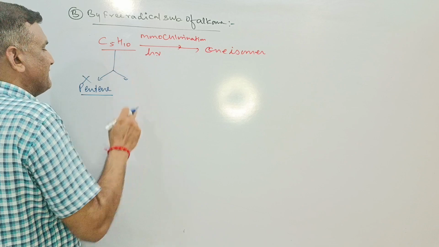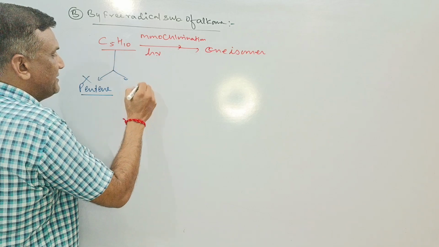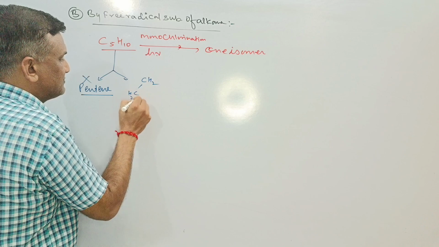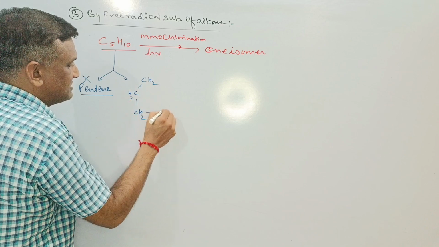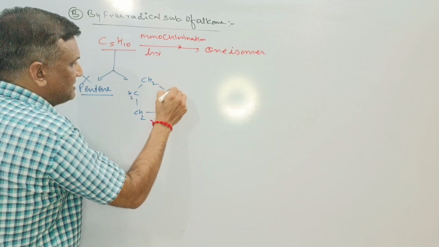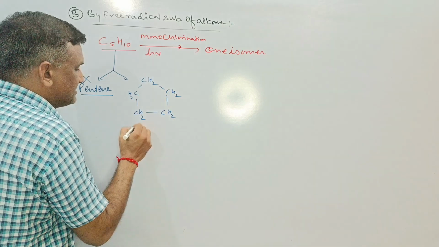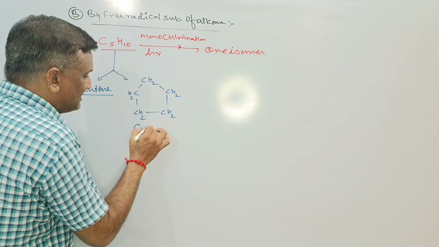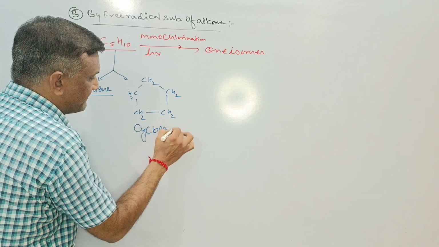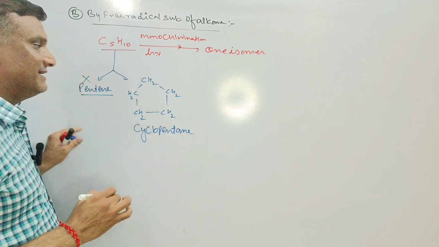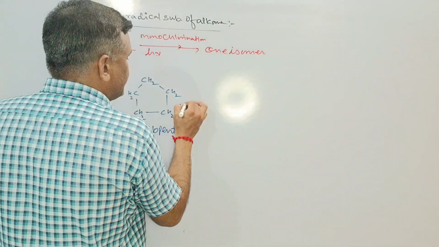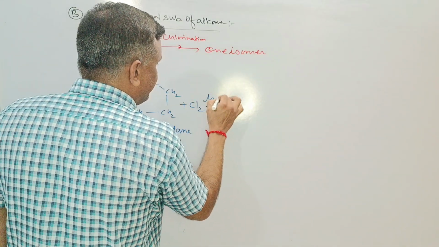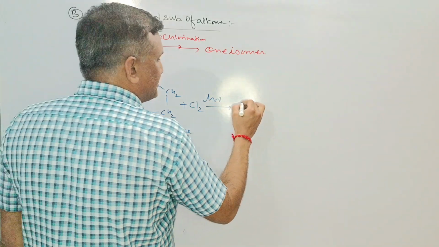If we go with the C5H10, then another isomer will be your CH2, this is the CH2, this is the CH2, and this is your CH2. This is called cyclopentane. This is again your alkane. So on monochlorination, what will be? On monochlorination in the presence of light, it will be a free radical substitution reaction.